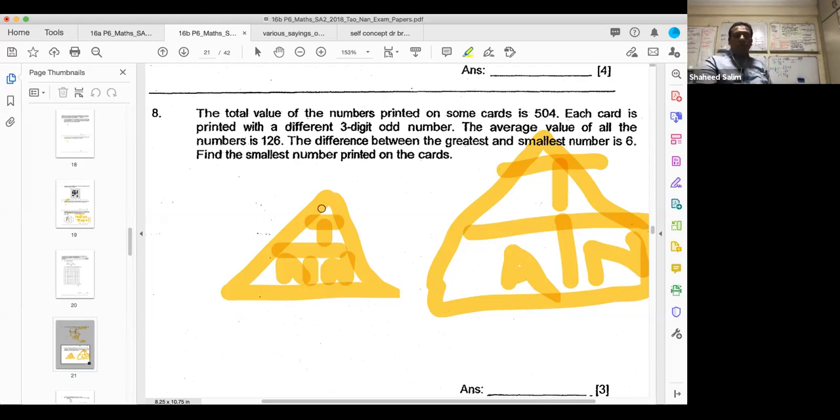Okay, anyone got the answer? The difference between the greatest and smallest is 6.